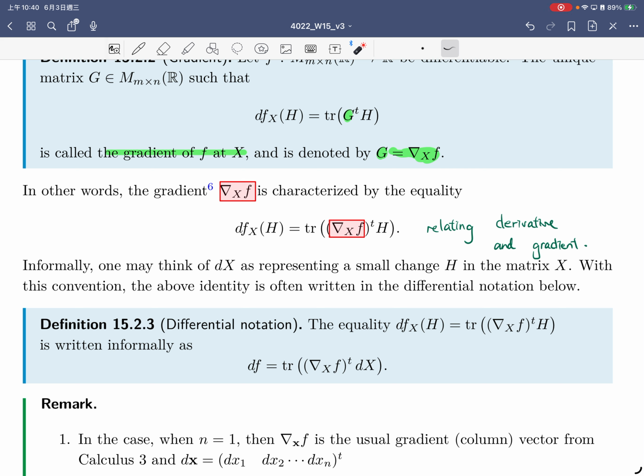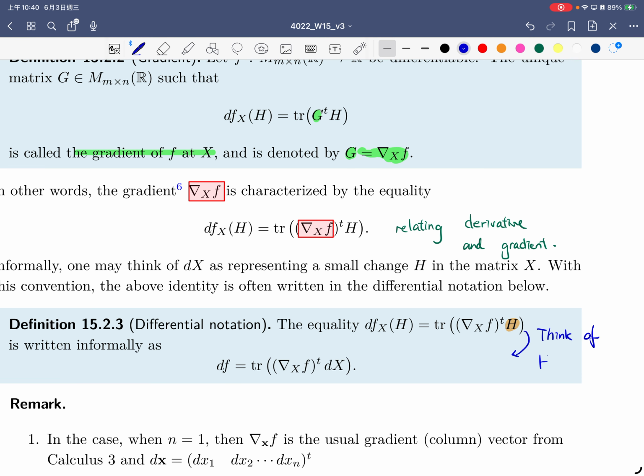So we have a lazy way to help us remember this equation. The lazy way is to imagine, think of h as dx, okay? Dx. Because it's a little bit of change in the x direction. Then as a result, we get an equation, okay?